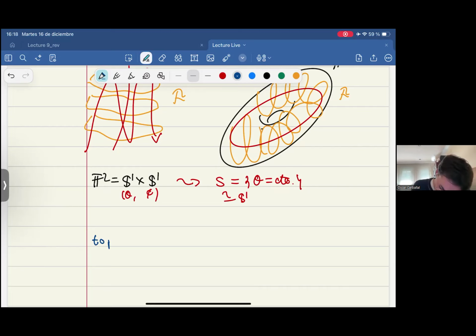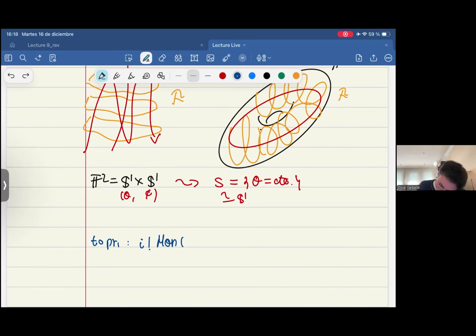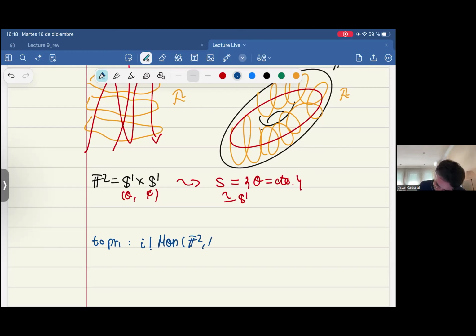It can be proved that in this case, this thing here, which is defined, sorry, I'm writing M all the time. And this is a surjective submersion, right?